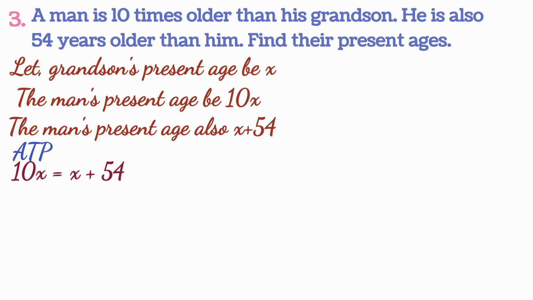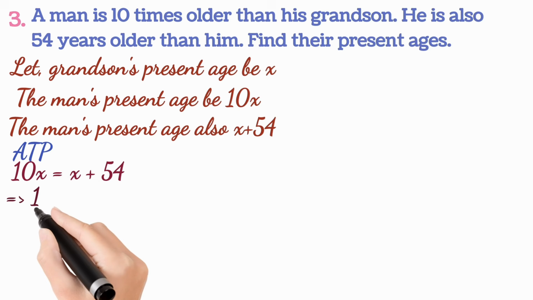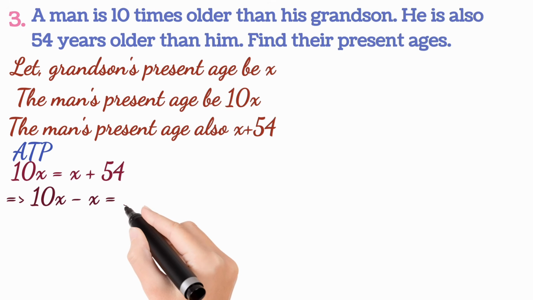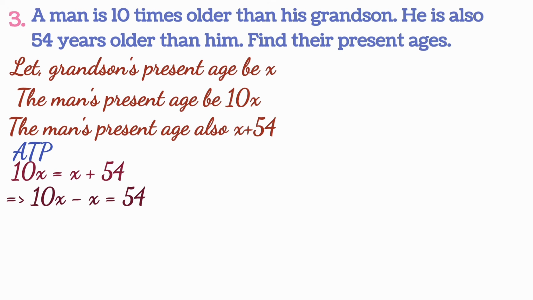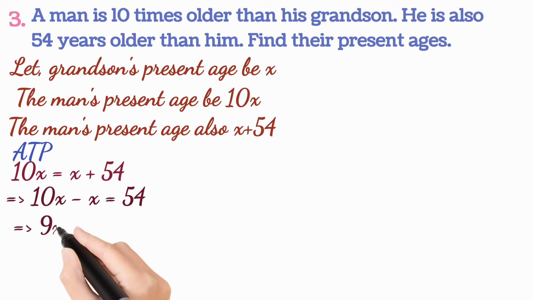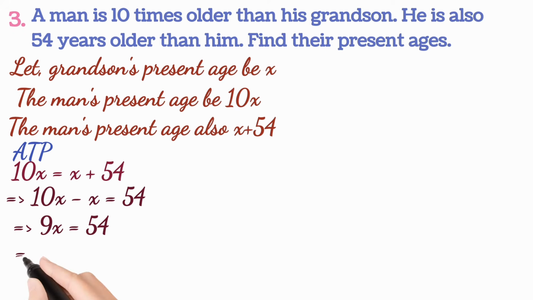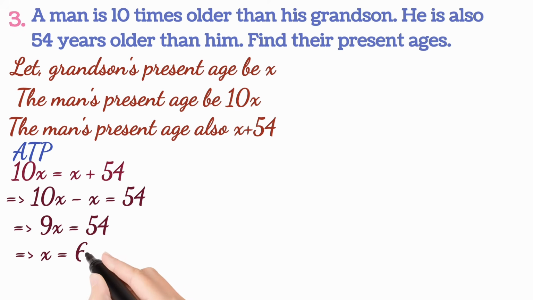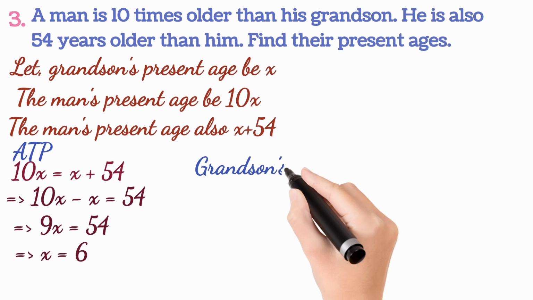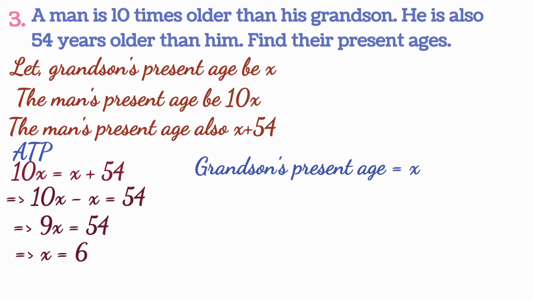So we can write 10x equals x plus 54. This has become a simple linear equation. So 10x minus x equals 54. 10x minus x is 9x equals 54. So x equals 54 by 9, which is 6. Now we have solved the problem; we know the value of x.